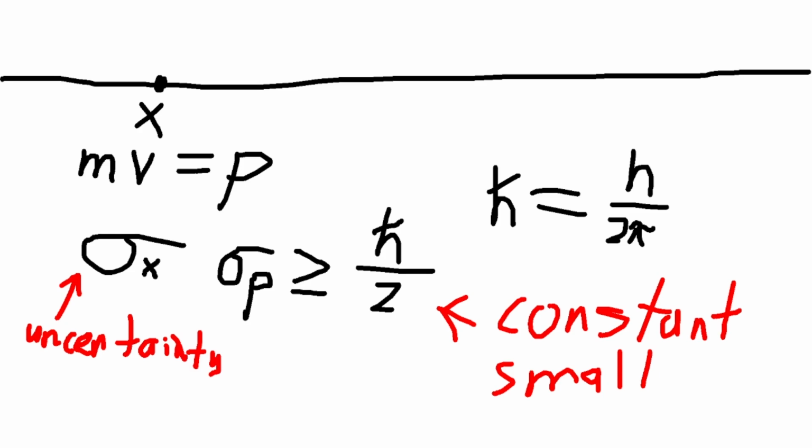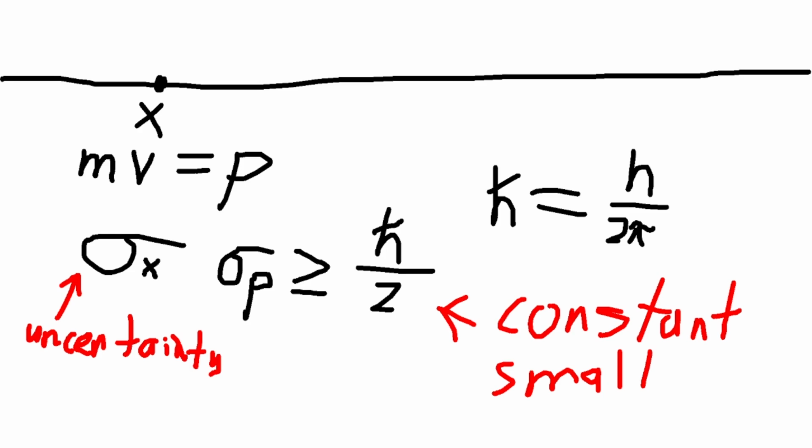Okay, so what this equation is telling us is that the uncertainty in the position multiplied by the uncertainty in the momentum of any given particle is always, at all points in time, all points in space, whenever we look at it, whenever we do anything to it, always going to be greater than or equal to this constant small value.